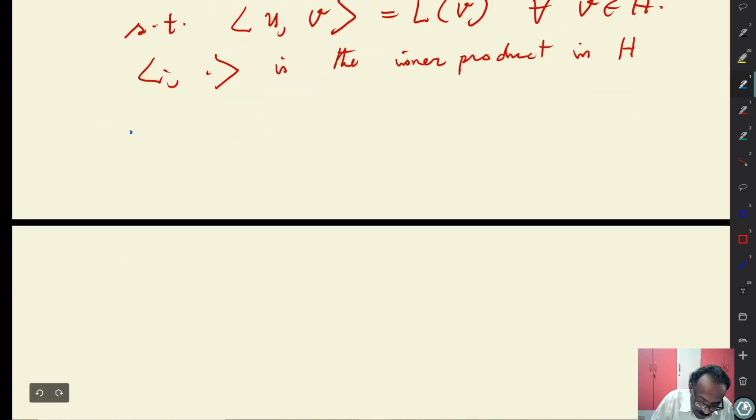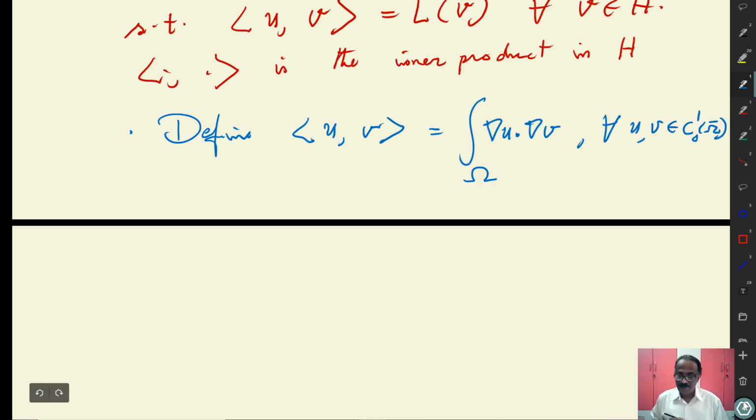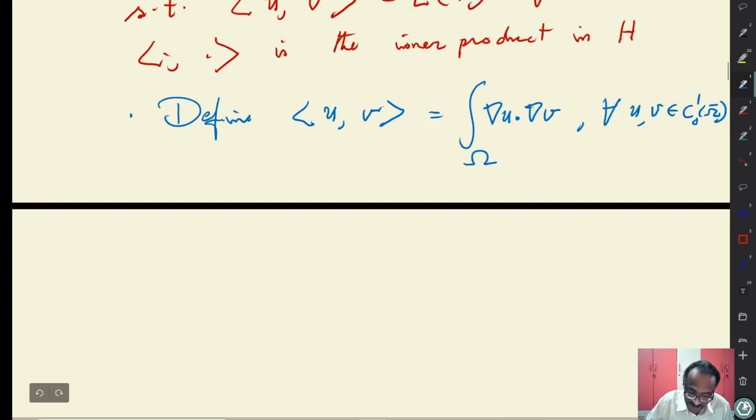Thus, define (U, V) equal to the integral of grad U dot grad V over omega, for all U, V in C^1_0 of omega bar, because our space is this one, C^1_0 of omega bar.